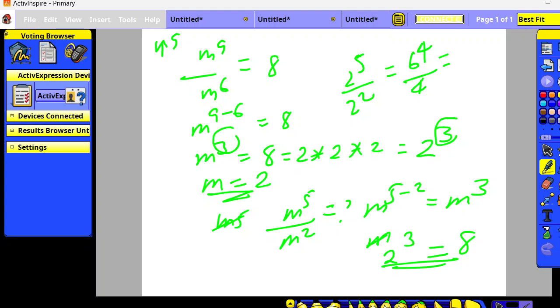No, this is not 64, this is 32, right? Yeah, 32 over 4, that's 8. 2 raised to 5 is not 64, 2 raised to 6 is 64. That's the answer.